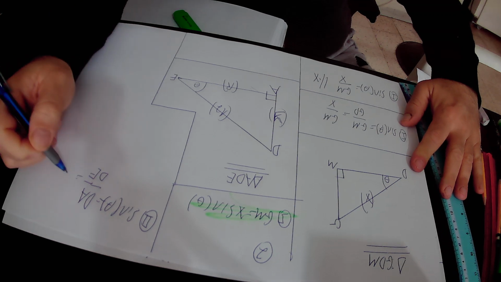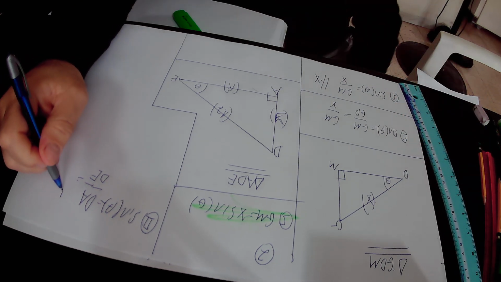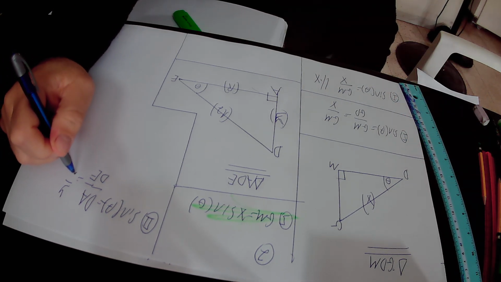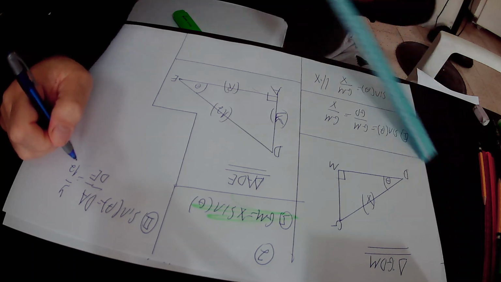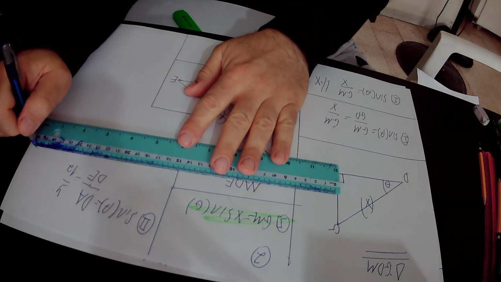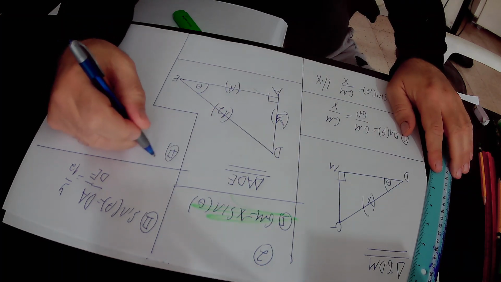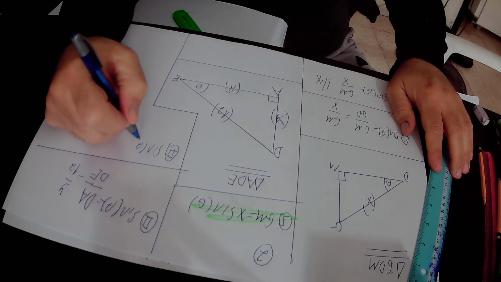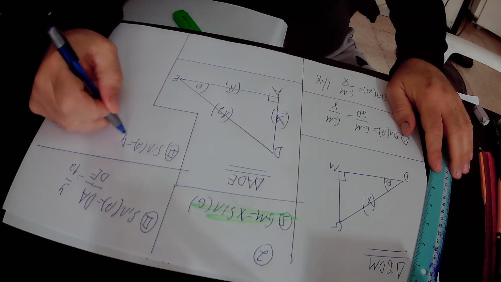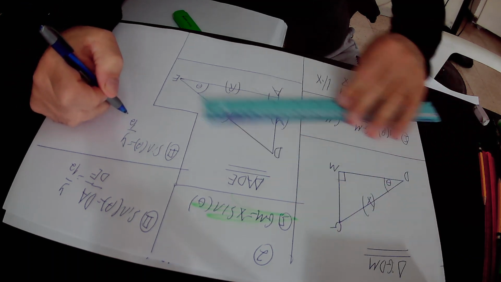So sinus theta equals dA, that is y, over dE, that is 12. In total, we found out that sinus theta equals y over 12. This is according to equation 2.